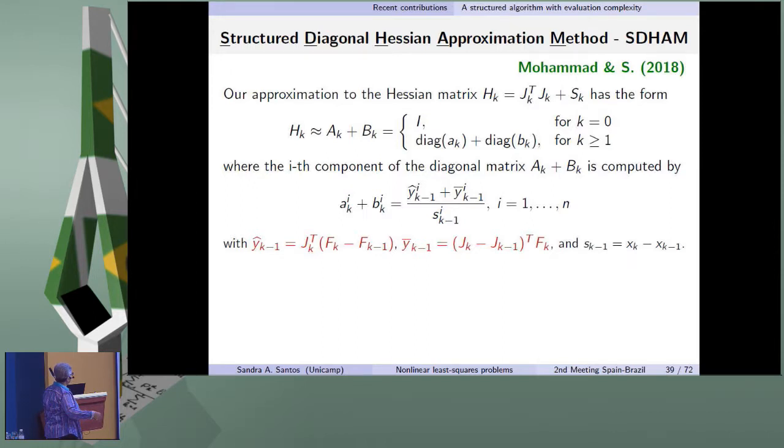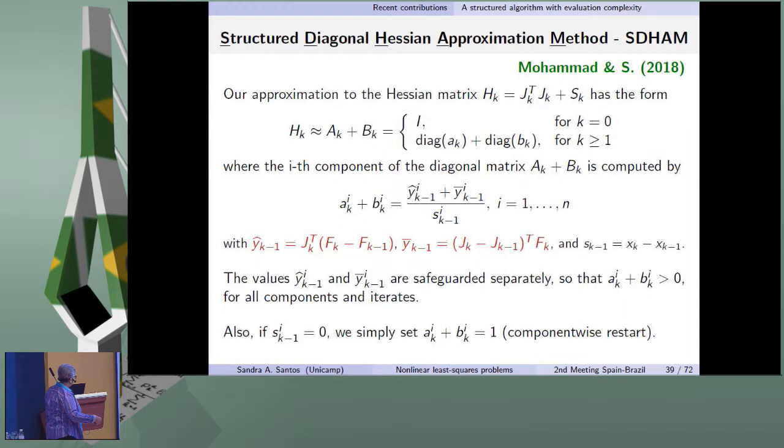In the very beginning, it is just the identity, but as the iterations go on, we have information so that we can build this diagonal matrix component-wise, resting upon these vectors y hat and y bar. These vectors carry spectral and secant information correspondingly to the terms they are approximating. I recall that this approximates J transpose J, and this approximates the matrix S.